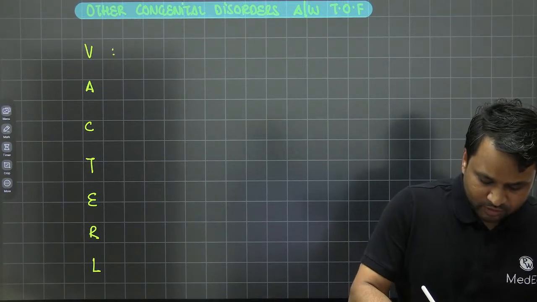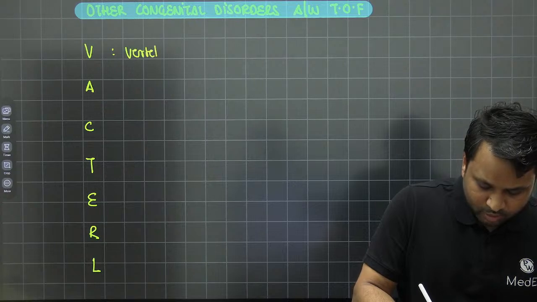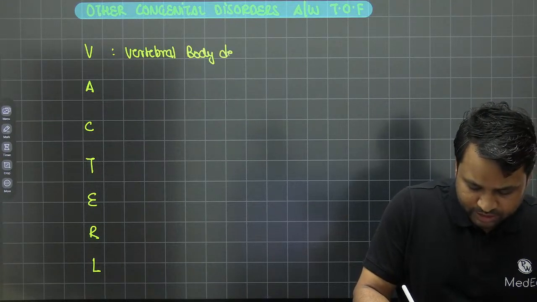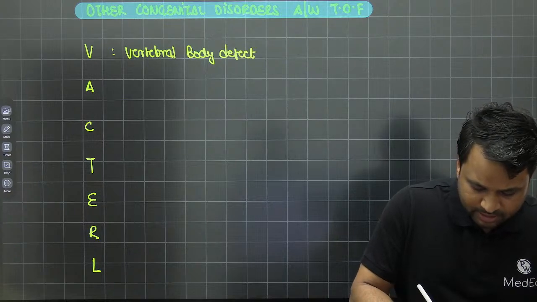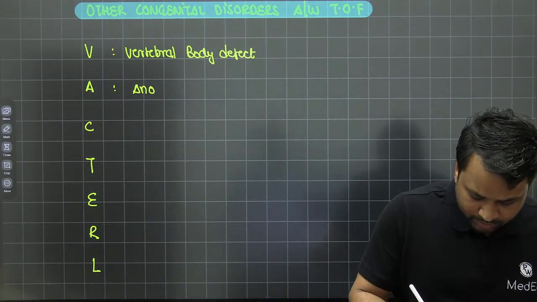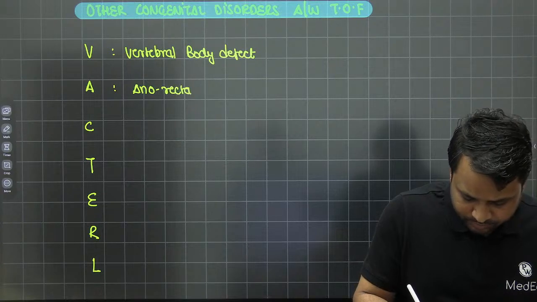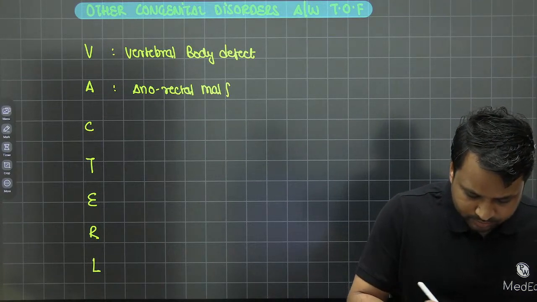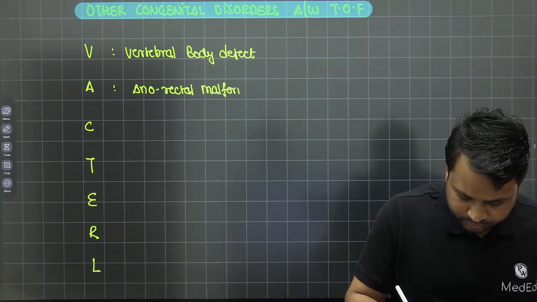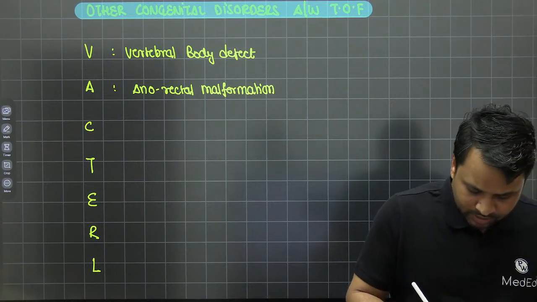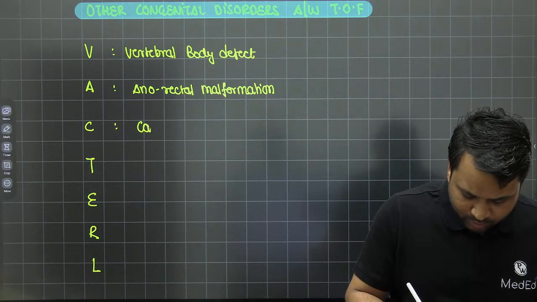V stands for vertebral body defect, so always check for the vertebrae in these babies. A stands for anal atresia, or I can say anorectal malformation. C stands for cardiac abnormalities.